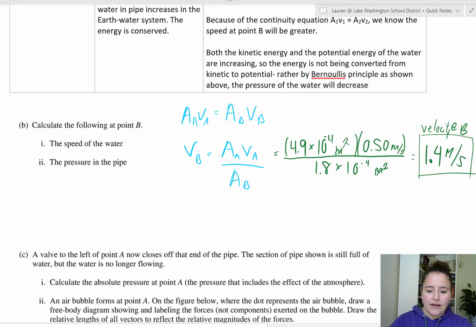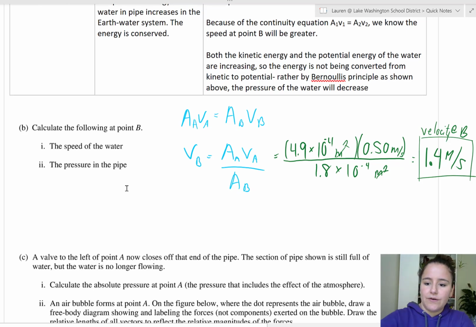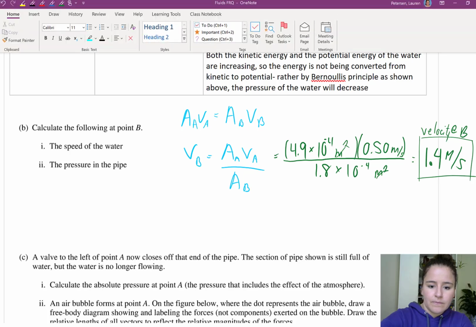Now, if we want to calculate the pressure in the pipe at point B, we're going to need to use Bernoulli's equation. So let me write out Bernoulli's equation again. I'll just use blue.